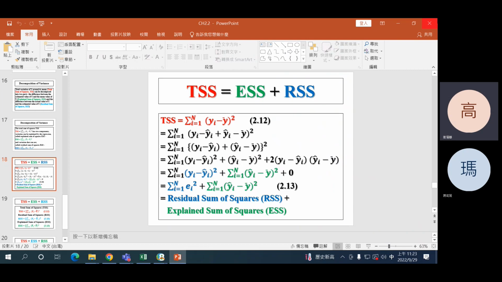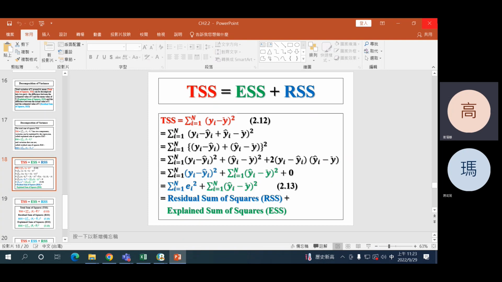Therefore, only 2 parts are left. So what is the first part? Do you know this one? Isn't this the residual, squared? So this part turns out to be this one. Then this part uses y hat minus y bar. And this one is what we call the residual sum of squares, RSS.